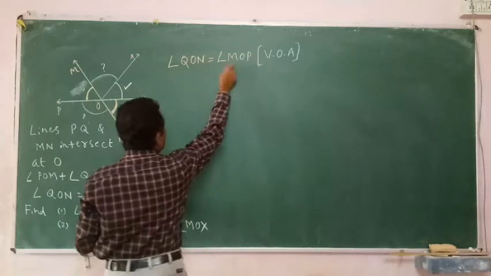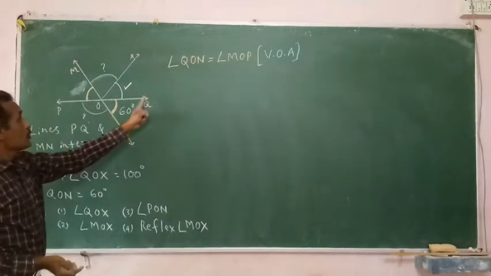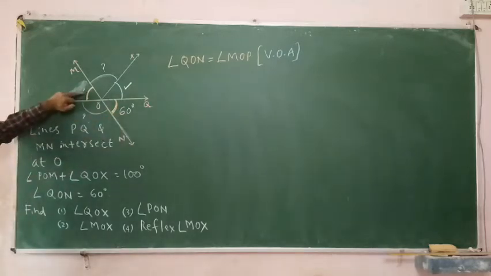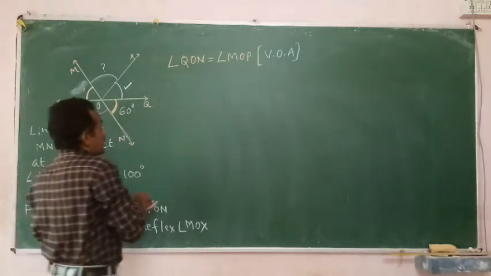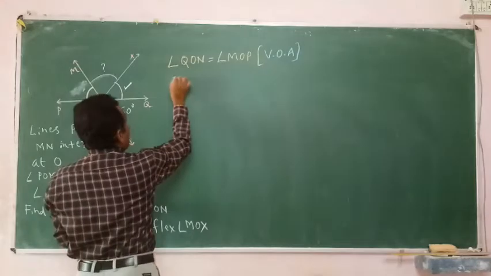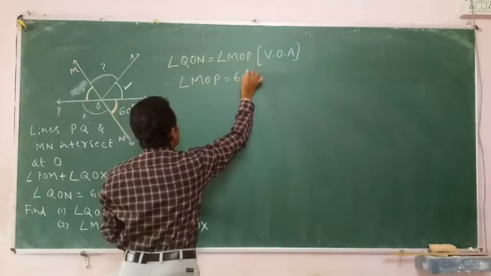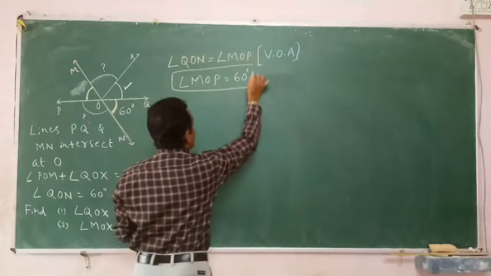So out of these two, which angle you know? You know QON 60. This is 60. When this is 60, this is also 60. I can say therefore angle MOP is also equals to 60 degree. One angle you came to.